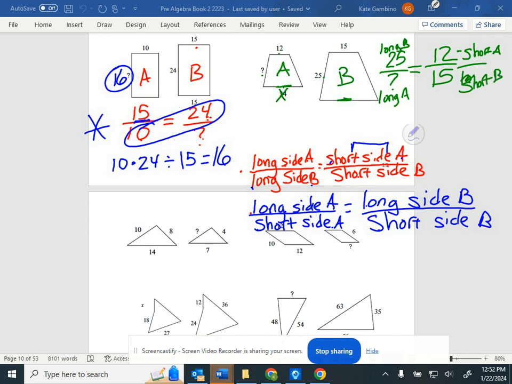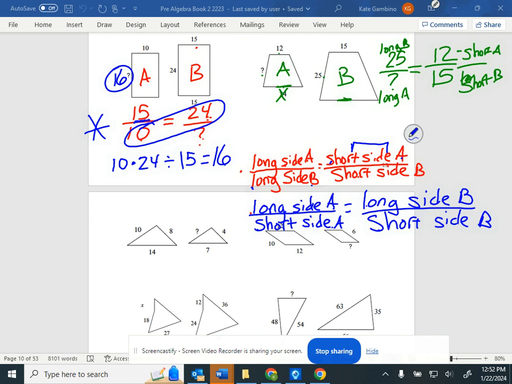So what was my one rule with both methods? What's the rule? Maddie? Diagonal is both. So A's and B's can never cross, shorts and longs.